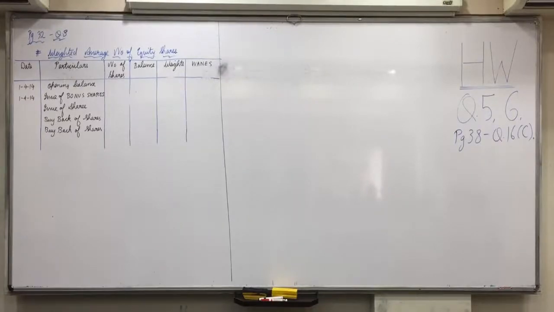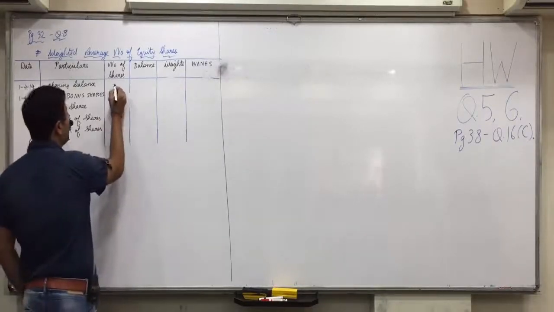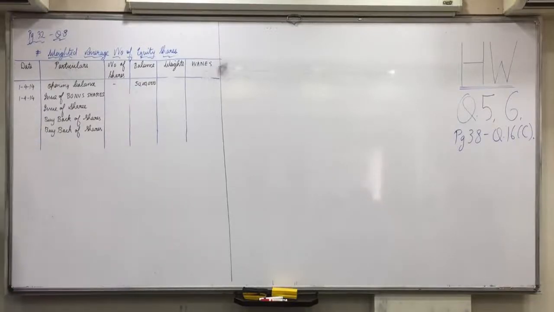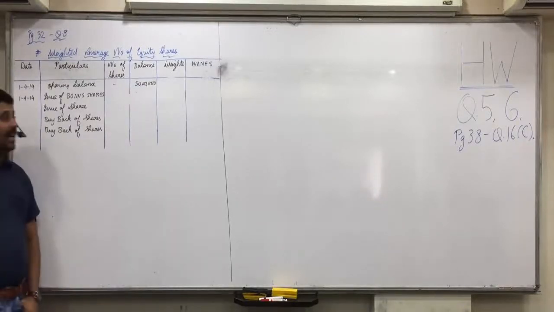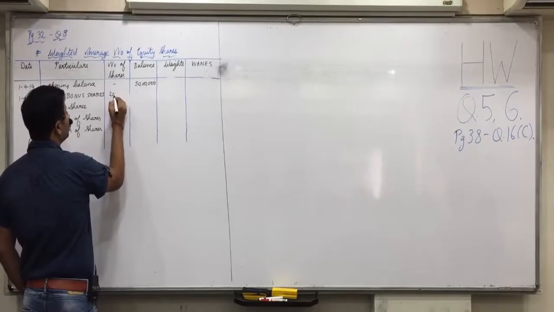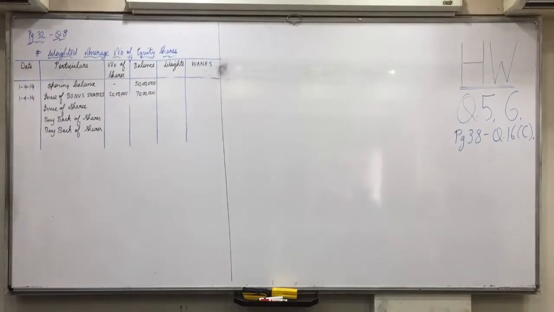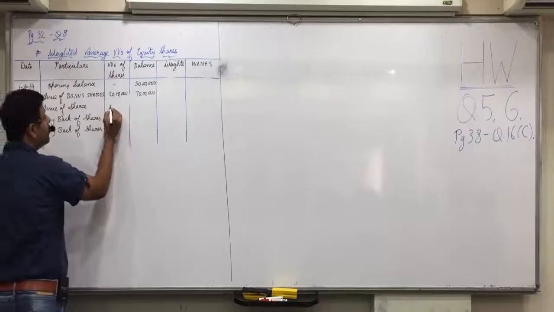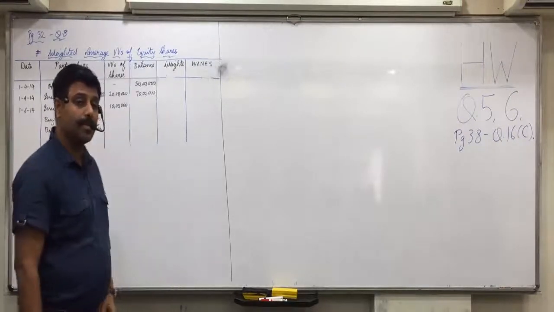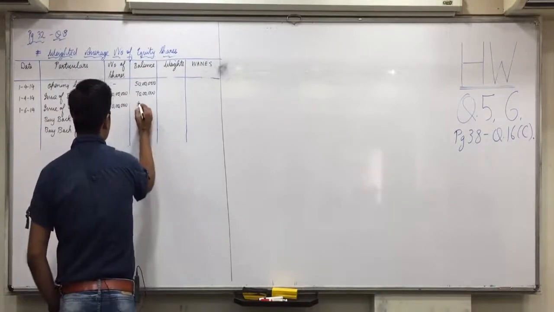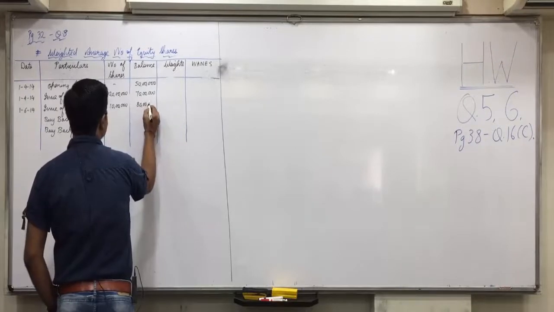On 1,414 there is opening balance of 50 lakhs. Then again 1,414 we will take bonus shares of 20 lakhs. So 50 plus 20, 70 lakhs. Then on 1,614 there is issue of shares of 10 lakhs that we will add. Switch off your mobile. 70 lakhs plus 10 lakhs, 80 lakhs.